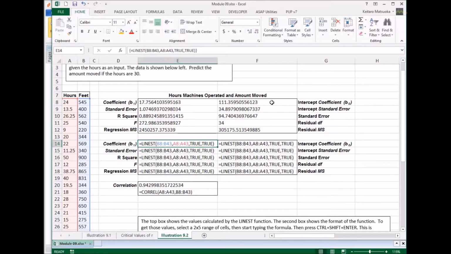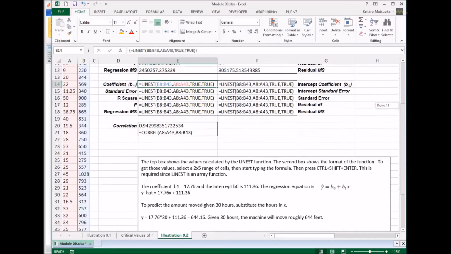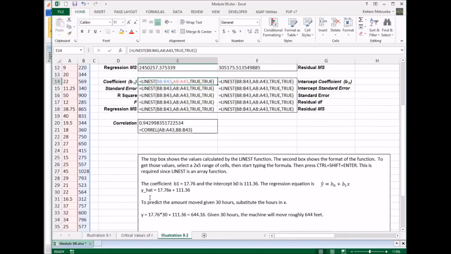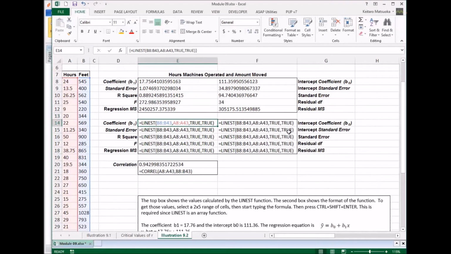Basically, you just plug and chug. If I use these values to rewrite the regression equation, it will look like this. Y hat is equal to 17.76x plus 111.36. I'm just rounding to 2 decimal points, but the actual values are here. So that's how you get the equation.